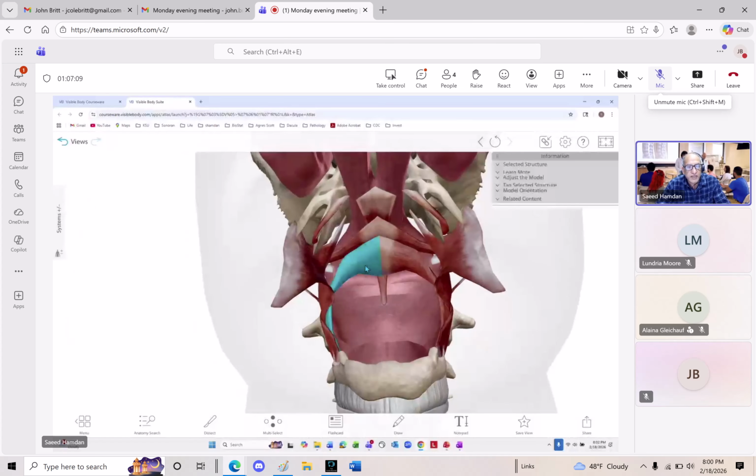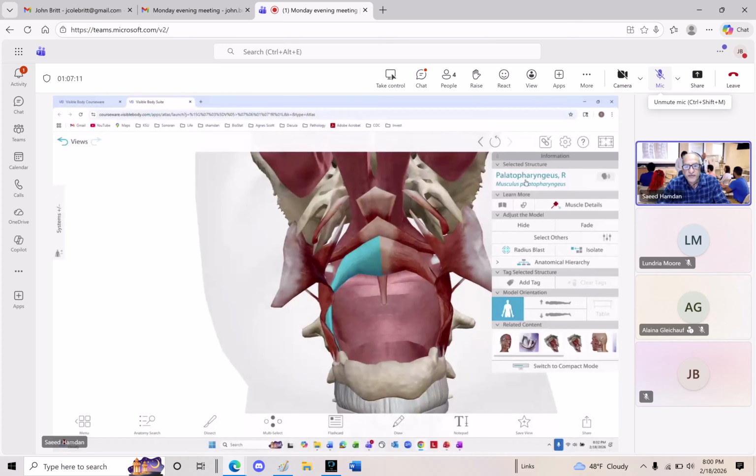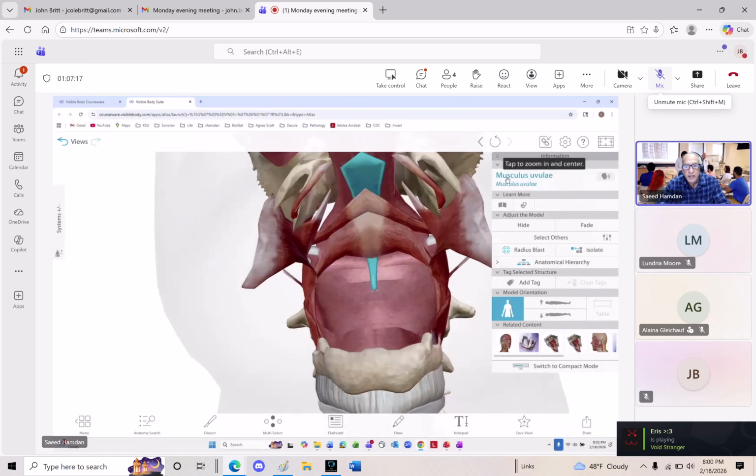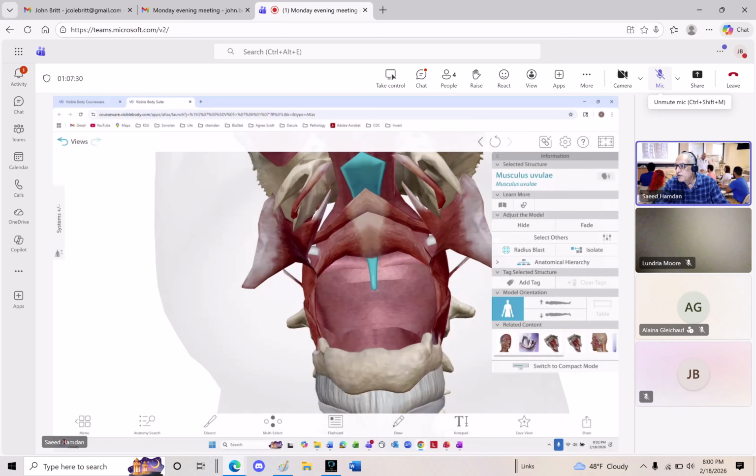See, these are the folds right there. So this is the palatopharyngeus, right? Yeah, this is the uvula right there. This is the musculus uvulae, basically. They have it in here, number 1, 2, 3, 4, 5, 6 on the list.